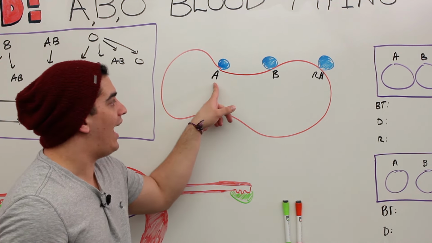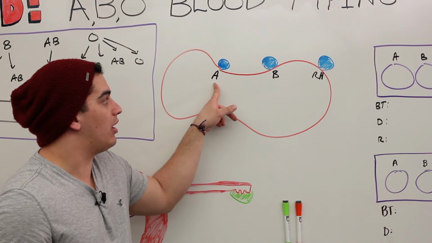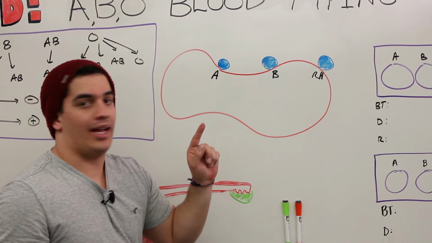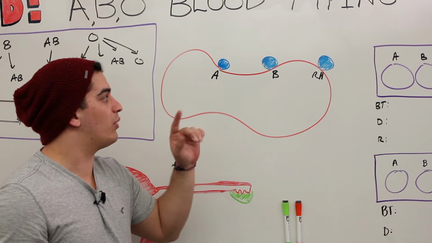Next, if you have an A antigen, you're A blood. If you have a B antigen, you're B blood. If you have an A and a B antigen, you're AB blood. Now here's where it gets crazy.